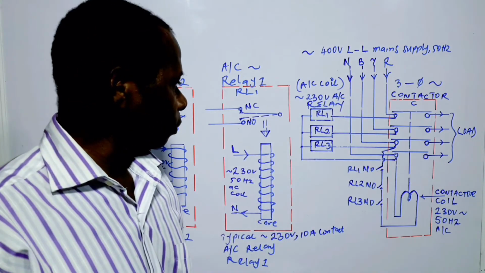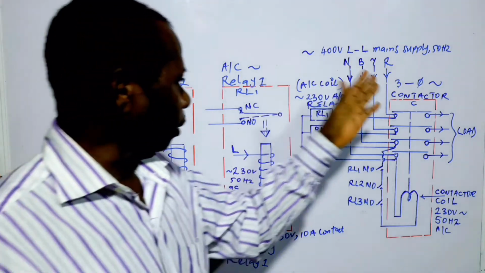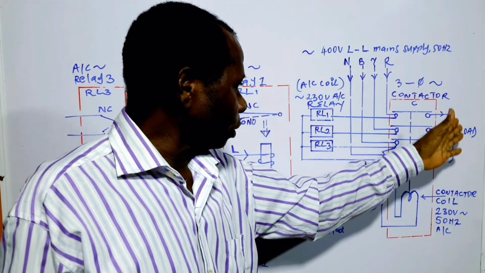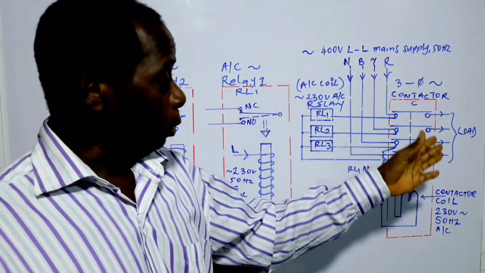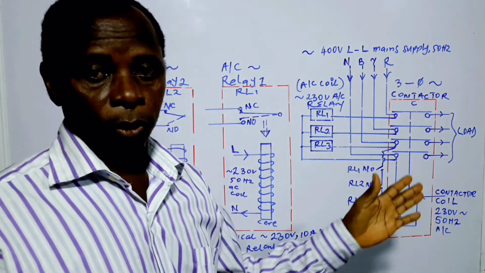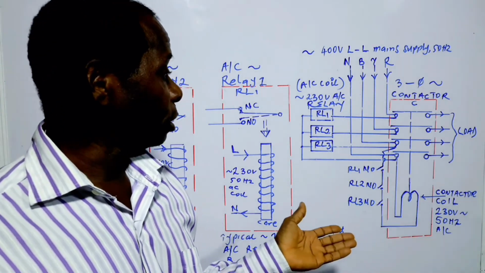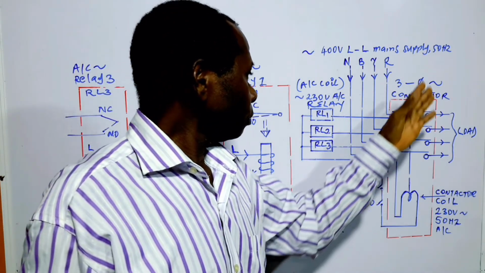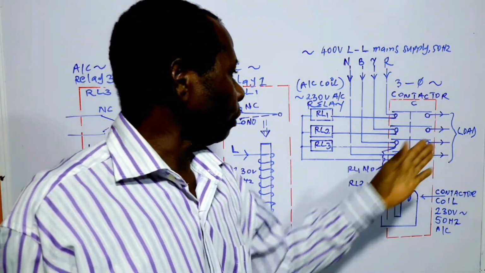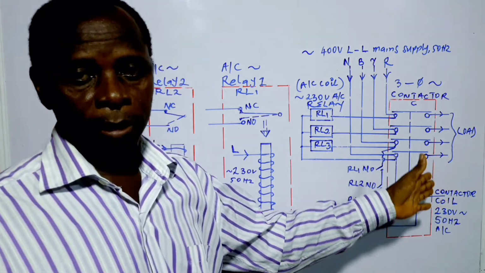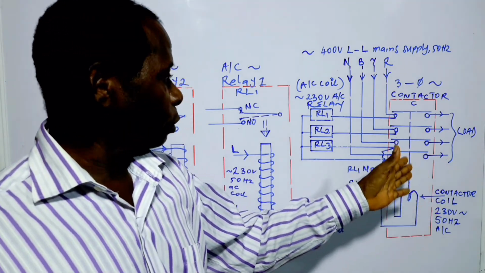The application is what I've just mentioned now. It can be used to protect three-phase loads, like induction motors or even three-phase air conditioners and so on. It can also be used to complement the function of the ATS, automatic transfer switch.